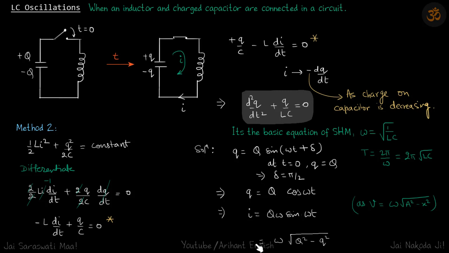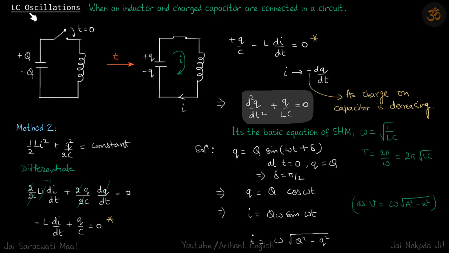This is again the SHM equation of I, and if you remember in SHM we used to write v is equal to omega root of A square minus x square. Similarly, I can be written as omega times root of Q square minus q square. If you just put the value of small q, you will get this result. So this is the analysis of LC oscillations.